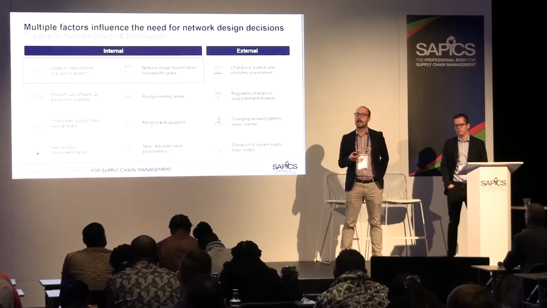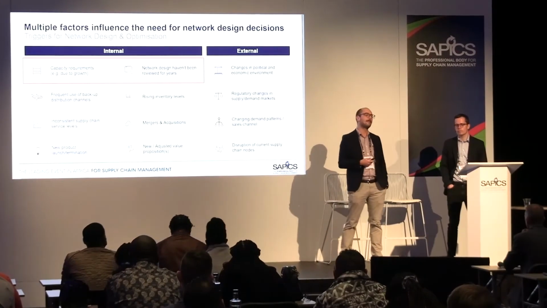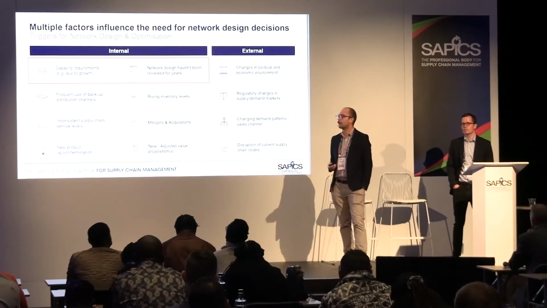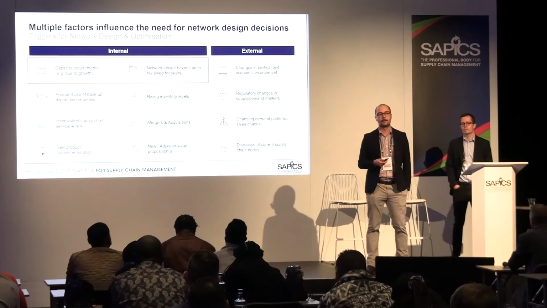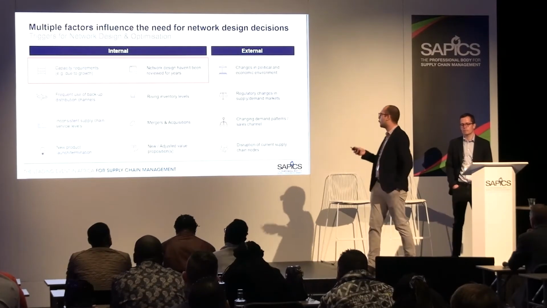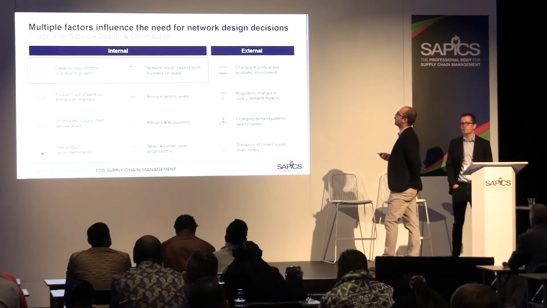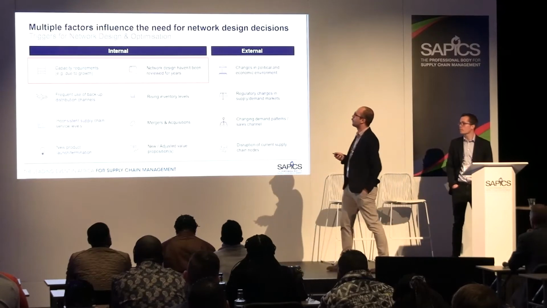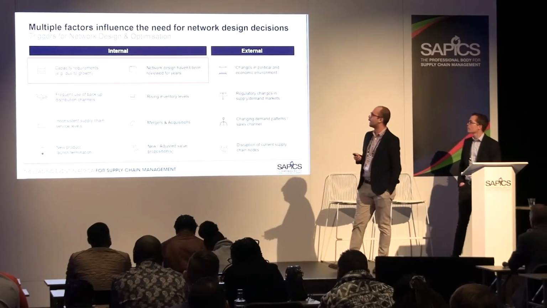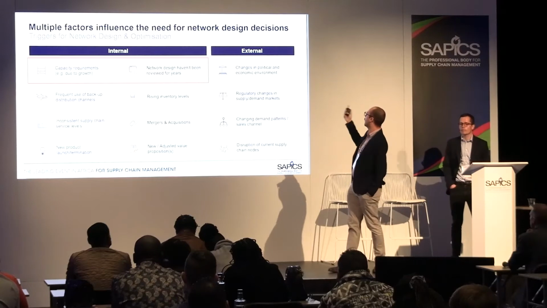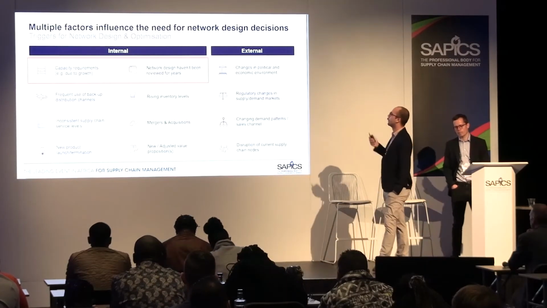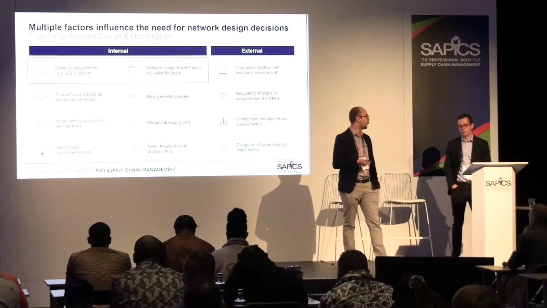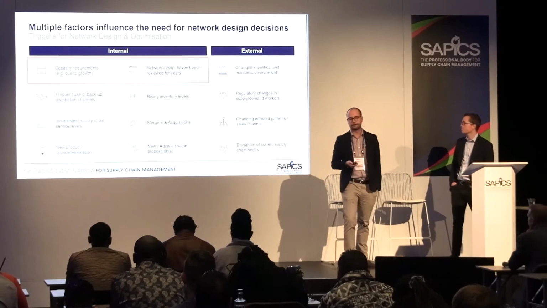I'm quickly going to look at some of the triggers, some of the events and symptoms that we find within our businesses that lead us to redesigning our supply chains. And we've in particular highlighted those top two, capacity requirements and network design that hasn't been reviewed for years. So we have internal and external triggers for network design and optimization. Those top two are the ones that we most frequently encounter from our customers.